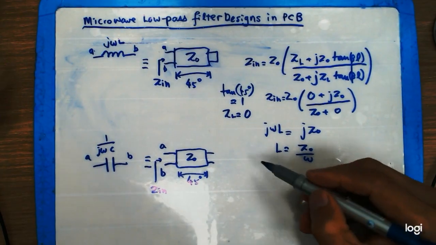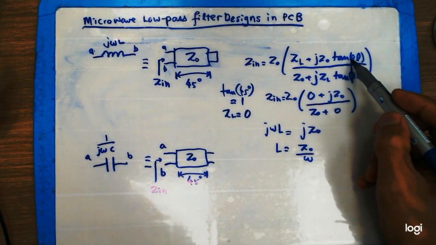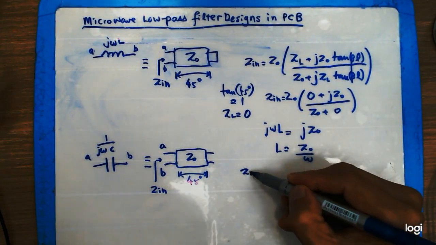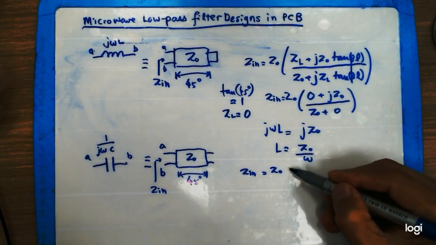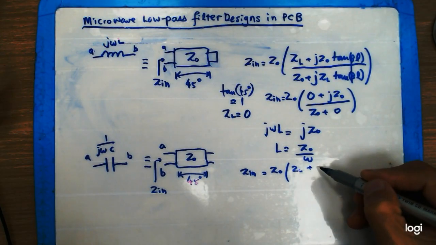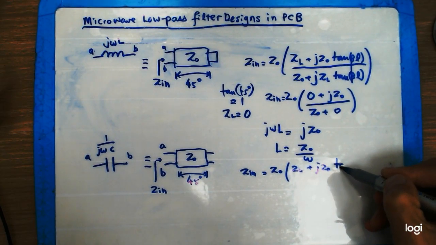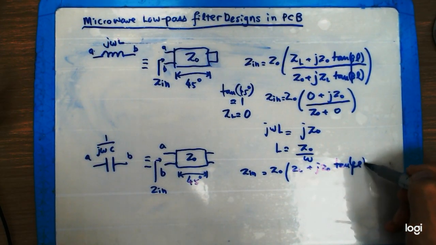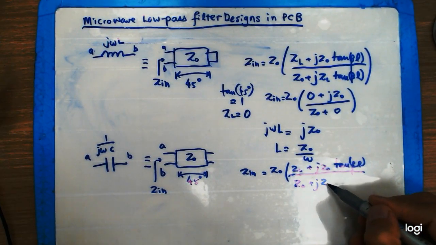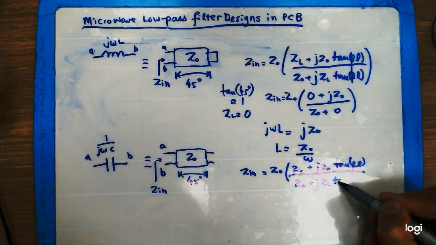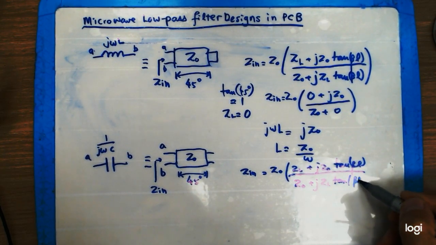So in this case, if we use the transmission line formula here to calculate the input impedance, I will need to substitute ZL equals infinity.